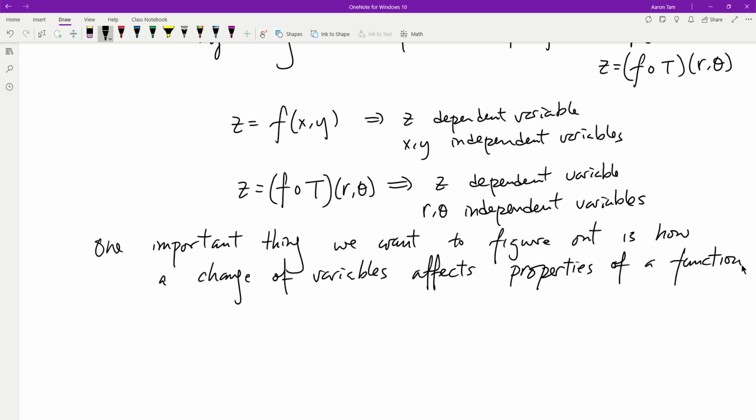In some cases you might not think there's a lot of change going on even though you change the variable, but in some cases there might be.